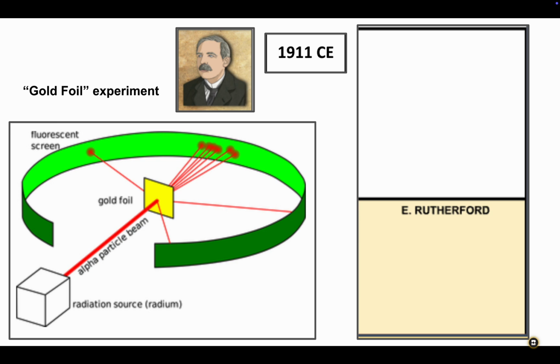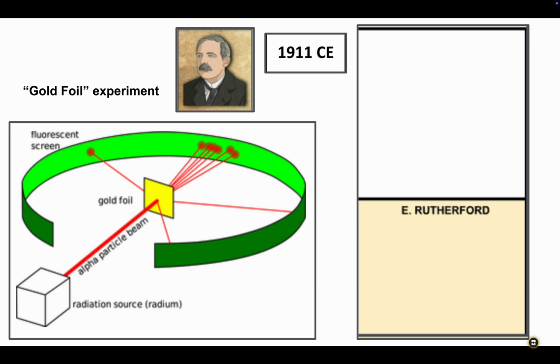So although most of the alpha particles did pass through, a few bounced back, almost as if they hit something solid. So this led Rutherford to an amazing discovery, the nucleus. He realized that the atom had a small, dense, positively charged center where most of its mass is located. And he also discovered protons, which are the positively charged particles inside the nucleus.